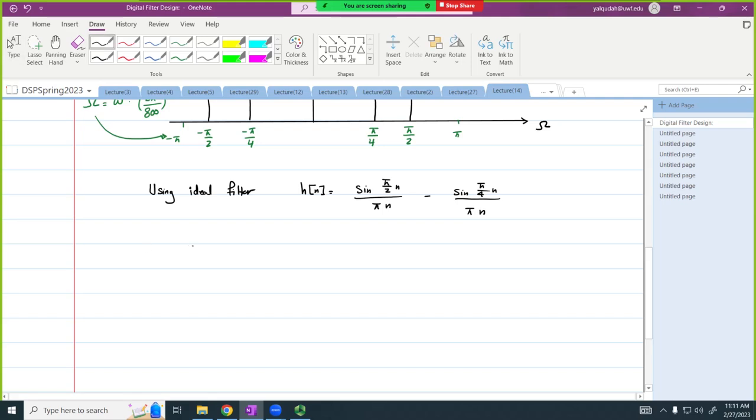So if I do that, h of 0 is going to equal 1/2 minus 1/4, which is 1 over 4. h of 1 is equal to 0.0932, h of negative 1 is equal to 0.0932. Why is h of 0 equal to 1/4? Plug in 0, it can be 0 over 0, so we take the derivative of both. Okay.